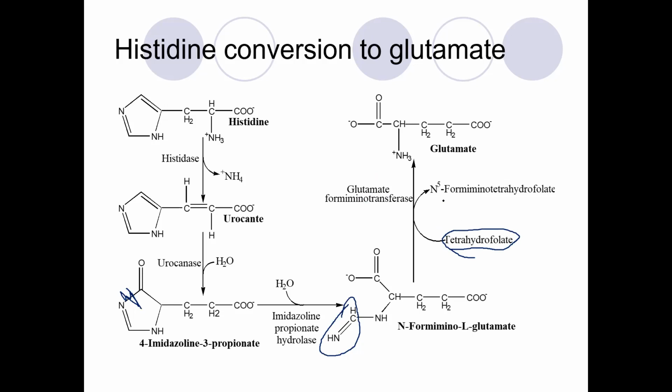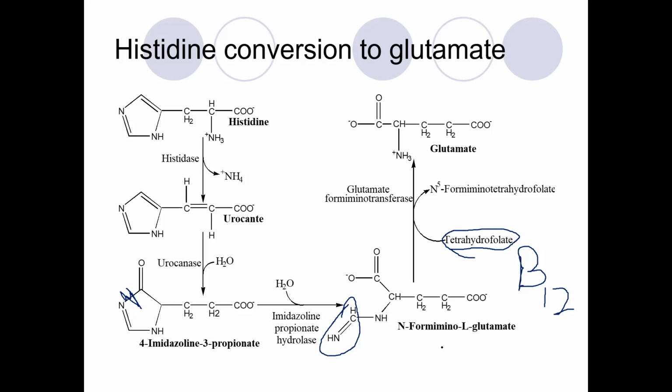The enzyme that regenerates this molecule, you might remember, requires vitamin B12. So if you have a vitamin B12 deficiency, you may suffer from high levels of your N-formamino L-glutamate.